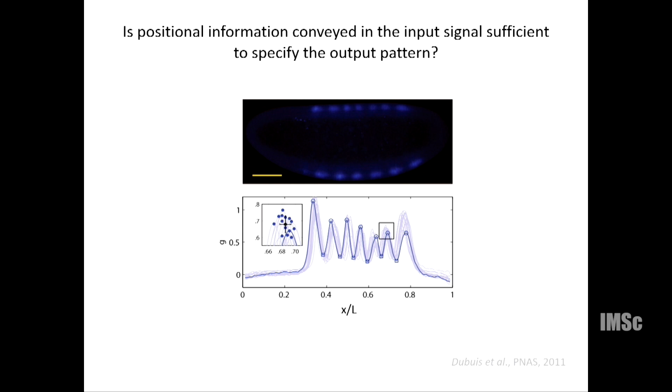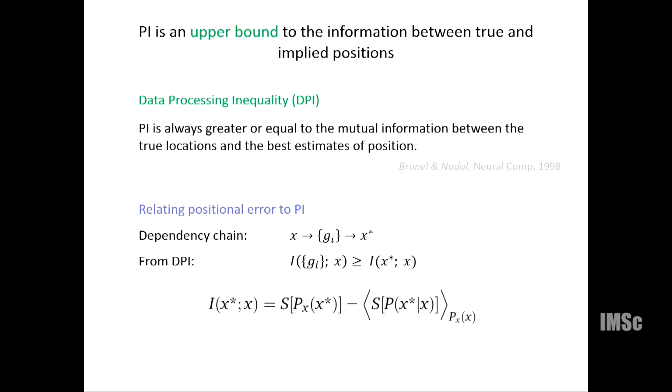Up to now I haven't told you how many bits these four signals that we were analyzing have. So let's do it here and ask: is the positional information conveyed in the input signal sufficient to explain the precision in the output pattern?